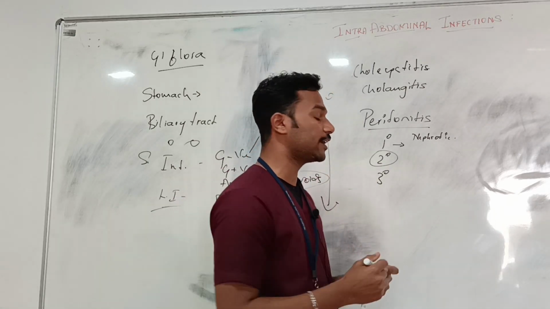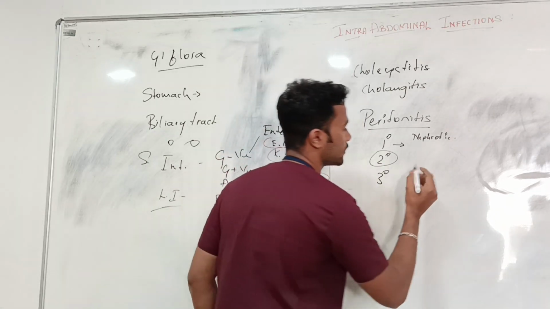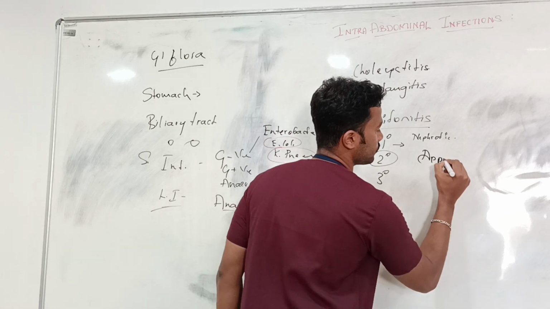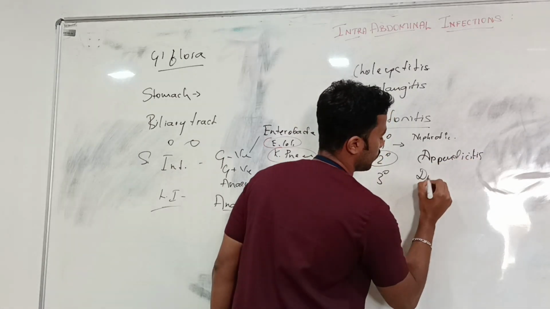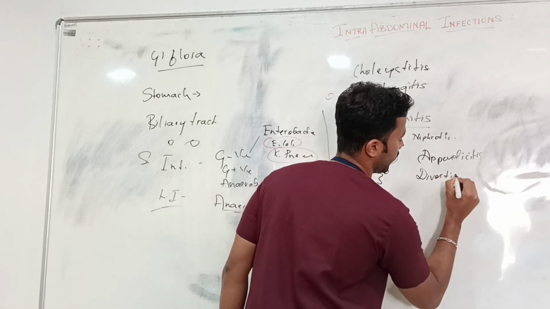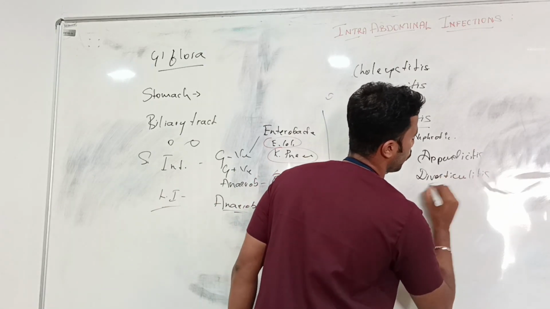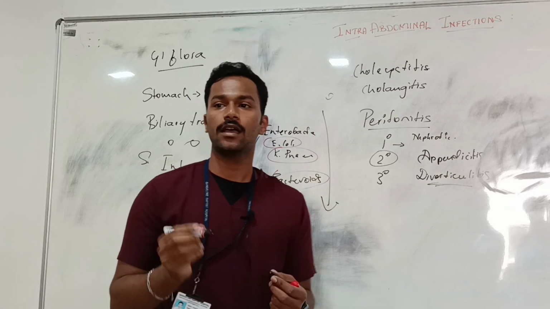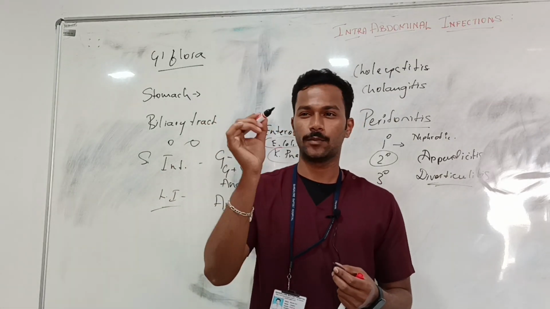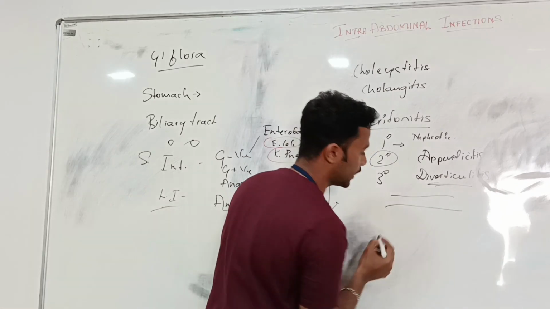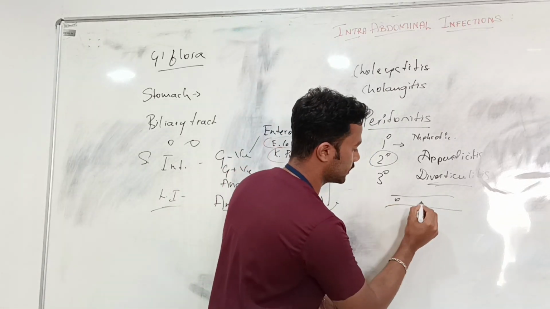Another one is diverticulitis. Diverticulitis is where there are cavity-like structures in the intestine. There will be a hole, so there will be this kind of structure.